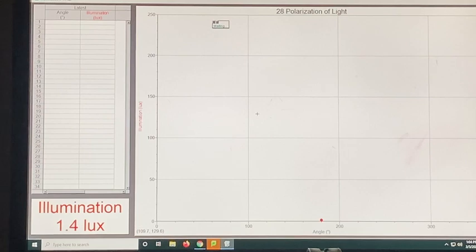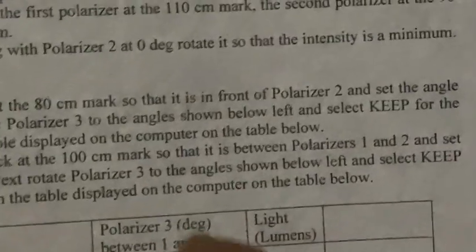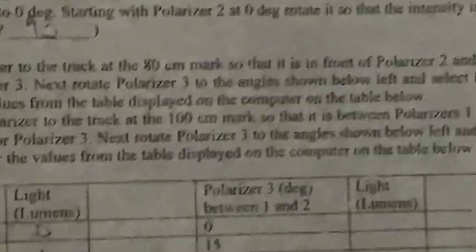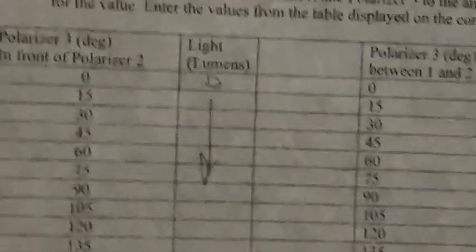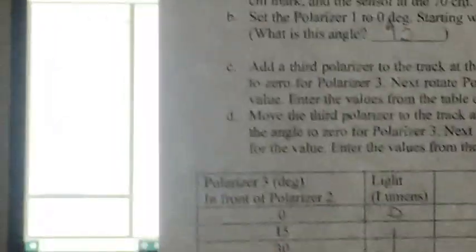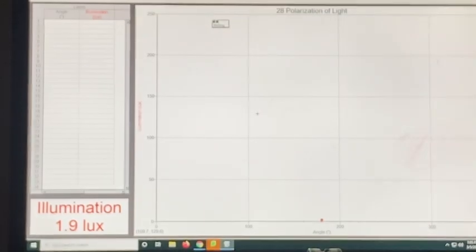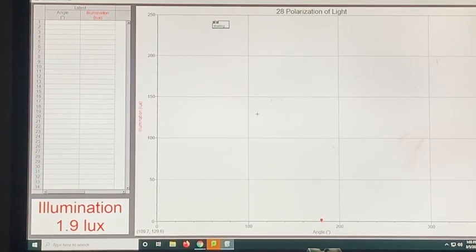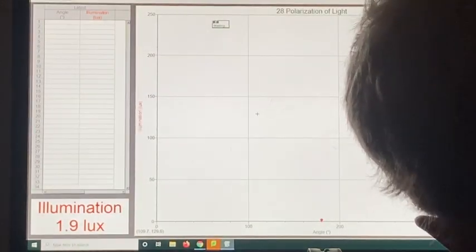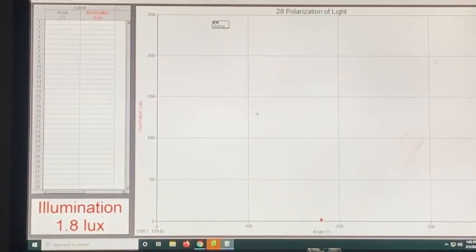So the only thing I'm changing is putting the third one in between the other two, between 1 and 2. I'm going to rotate that 90 degrees, 15 degrees at a time. The other two are perpendicular, and I'm going to start with it at 0.